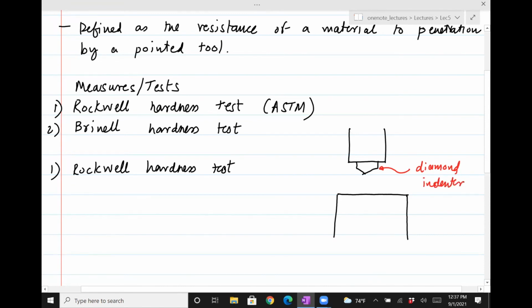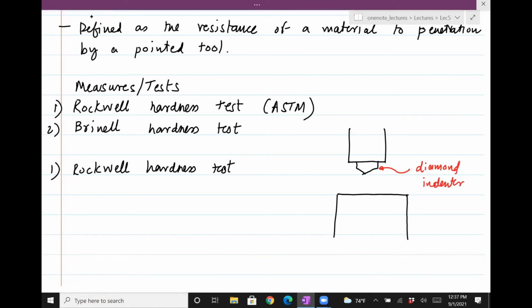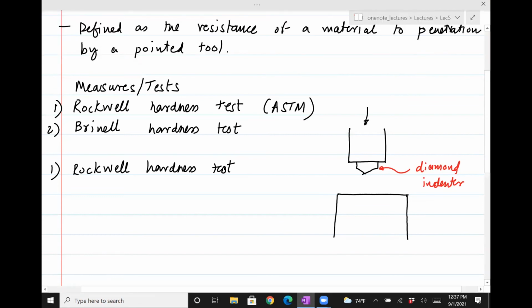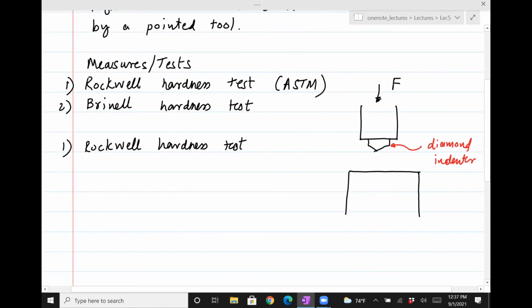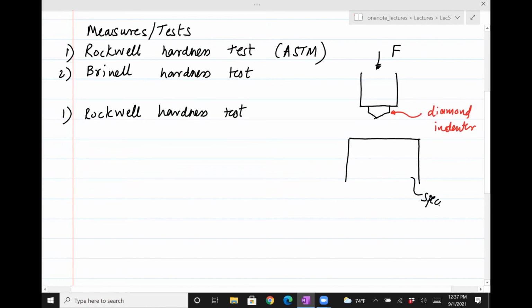By the way, diamond is very hard, right? What you do here is you apply a force, let me call that F, on the specimen whose hardness you want to find.